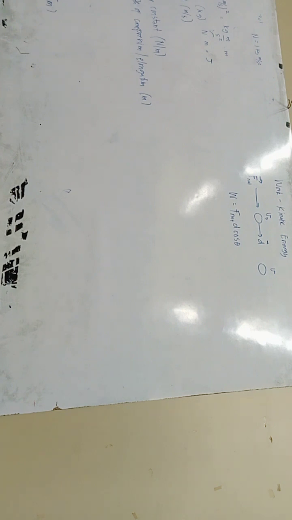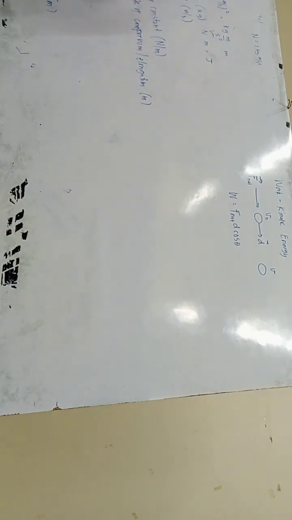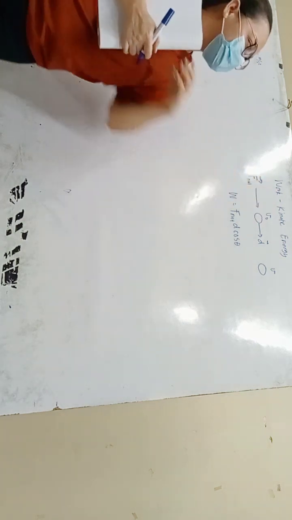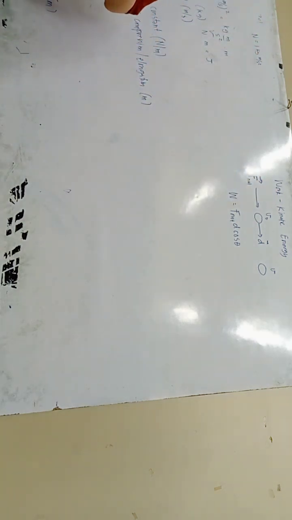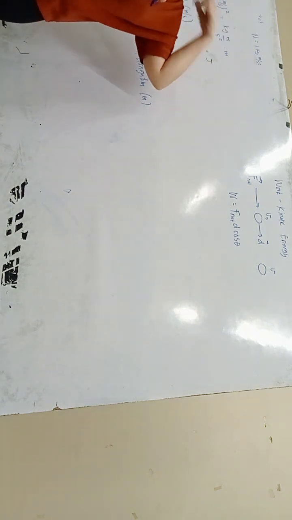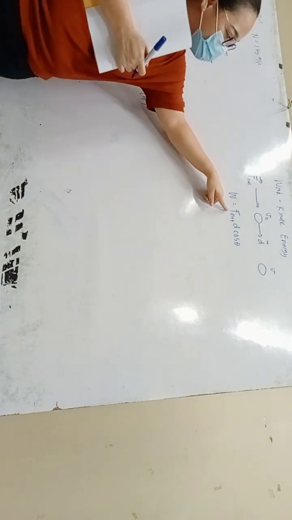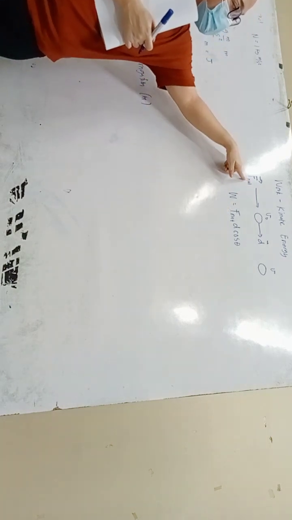How do we prove the work and kinetic energy equation? Suppose an object is moving at an initial speed v0, and because you push it, the velocity of the object changes from v0 to v. So, the work done by the net force is, from the definition of work, F d cosine theta. So F net, this is the applied force.